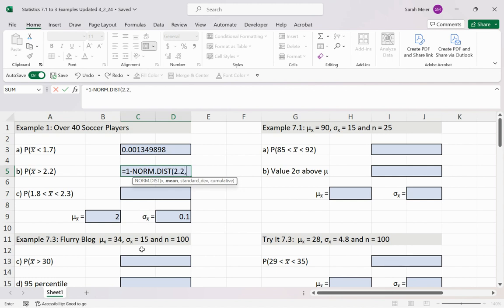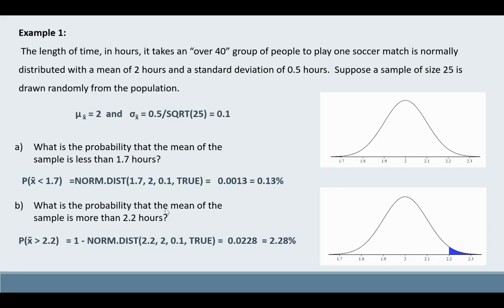And then again, you can use the cell references, or if they're terminating decimals, you can just write the number in. But we want to know the probability that a randomly calculated sample mean is more than 2.2 hours, and we get 0.0228 or 2.28%. And that makes sense with this little piece shaded over here.